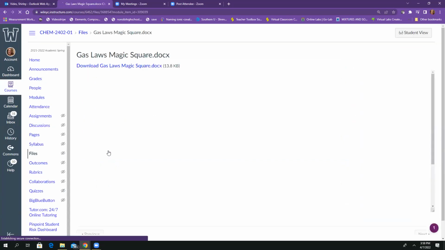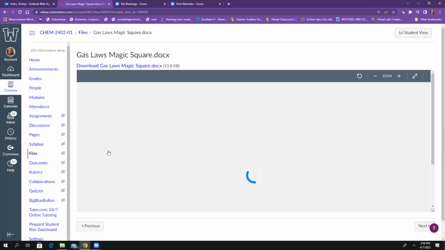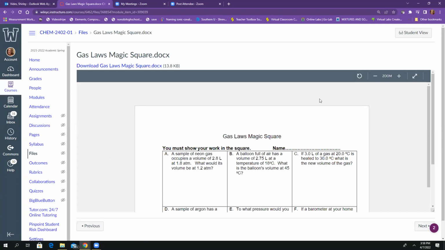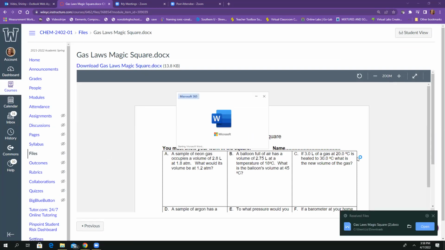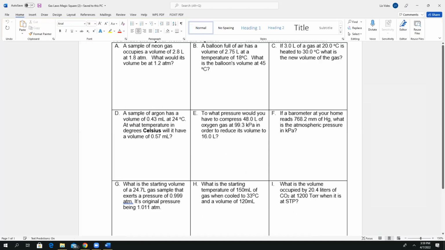So basically you have a lot of problems and they're all the kind of thing that you can do. So let's go ahead and try to solve the magic square. All right, what is a magic square? Well, it has a number that you have to find.